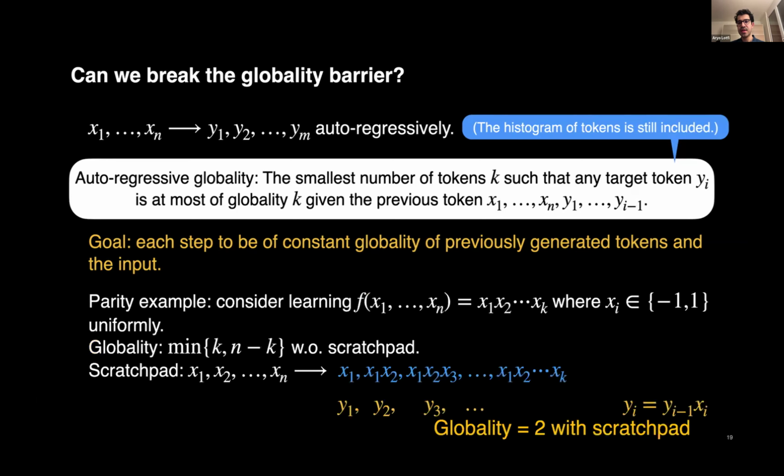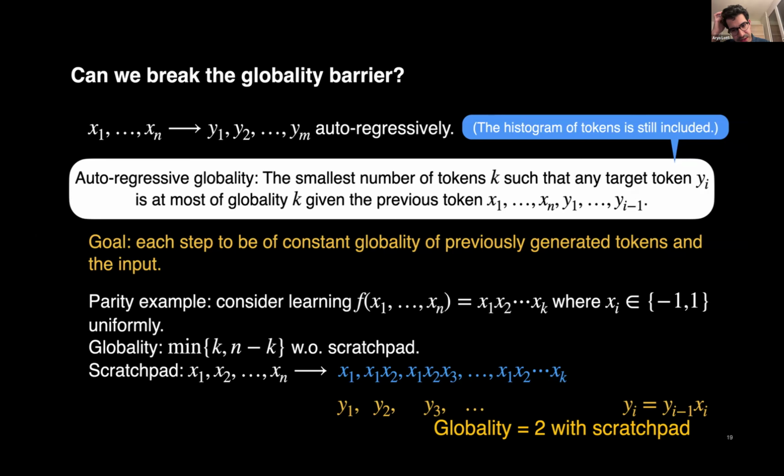So for example, take the parity example again. We all know that learning parities is quite hard and challenging, especially as the degree of the parity grows. But one common version of the scratchpad idea that is often used for parities is to just record the cumulative parities. So when we have x1 to xn as the input, we compute first x1, then x1, x2, then x1, x2, x3, and so on until we compute x1 to xk.